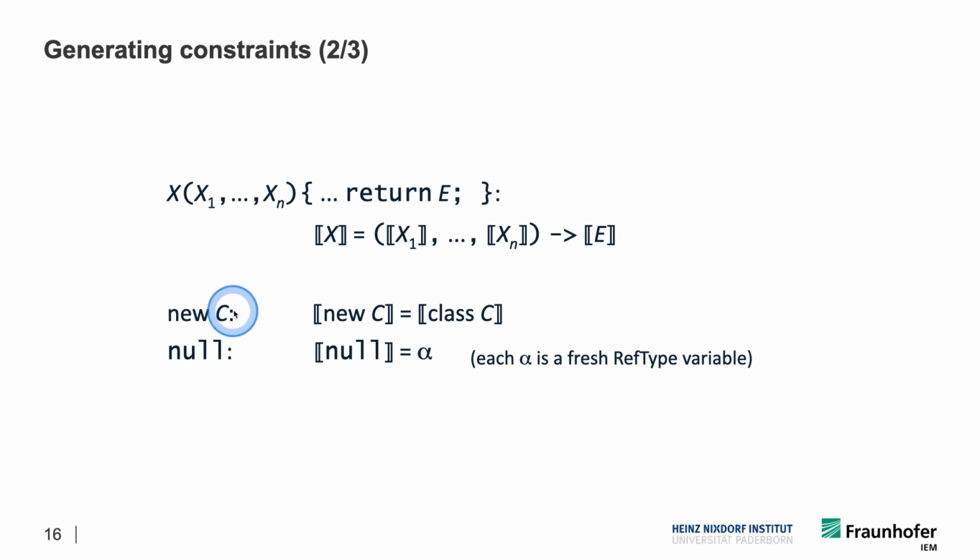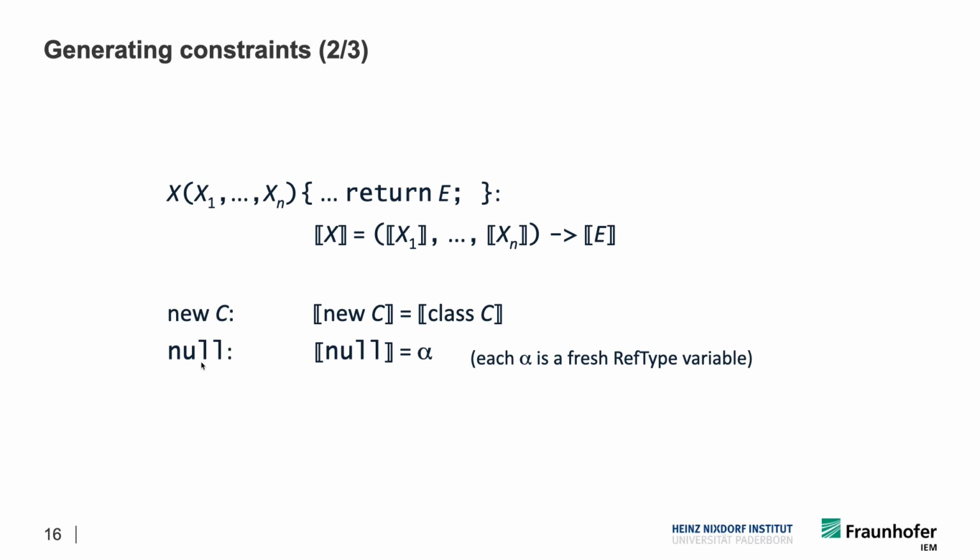If we have a new expression such as here, so something creating an object of class type C, well, then obviously the return type of that new expression should be exactly class C. For null, that's actually kind of interesting. You've probably never thought about this unless you've heard about type systems before.